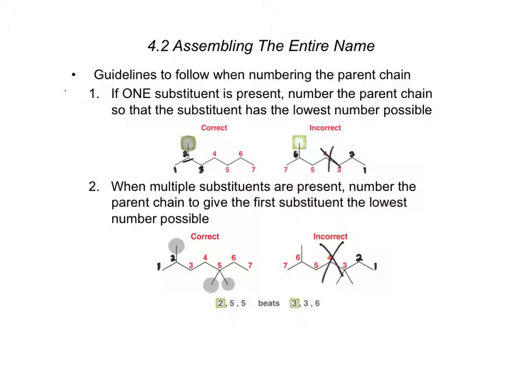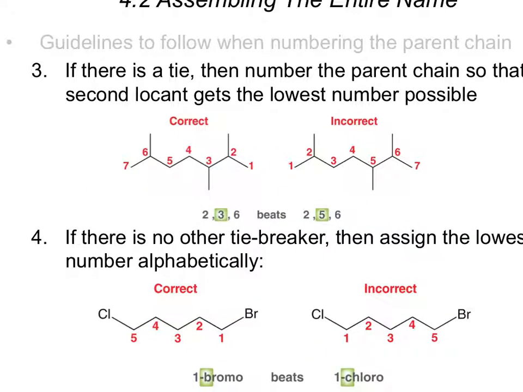Okay, so now what happens if there's a tie in the first position? Right, so let's say that we have a chain where we have 2 options here. Right, we've got a substituent here, a substituent here. So if we started numbering it 1, 2 versus 1, 2, both of those would get the 2 position, right? So we have a tie in this situation depending on where we start numbering it.